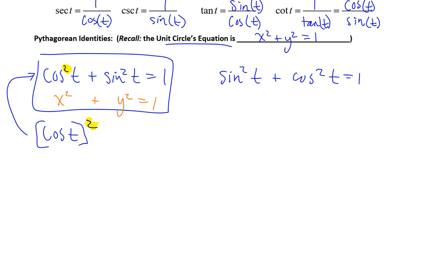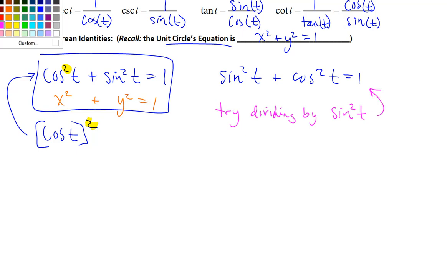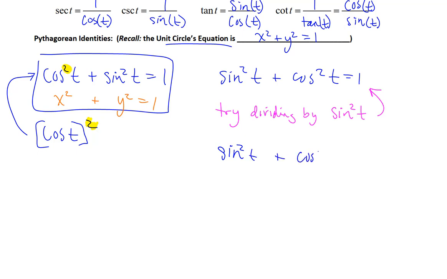So now let's try a little adjustment. Let's try dividing by sine squared of t with that original Pythagorean identity. So if I do that, we would end up with sine squared of t plus cosine squared of t equals 1.